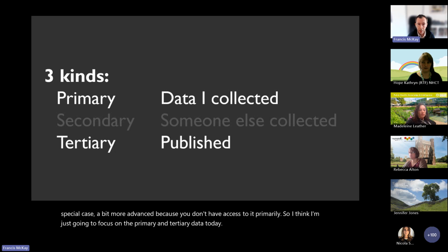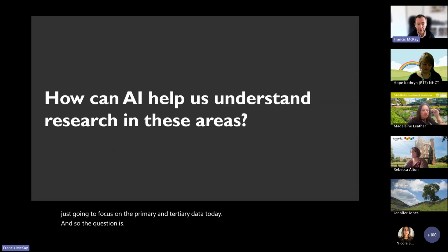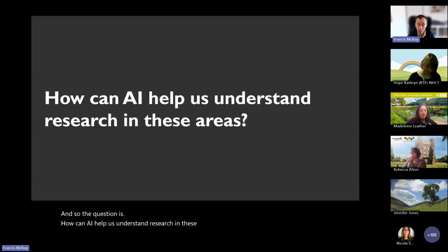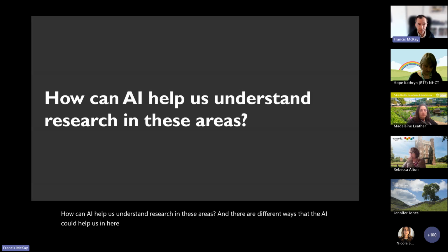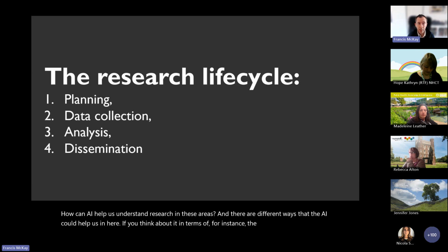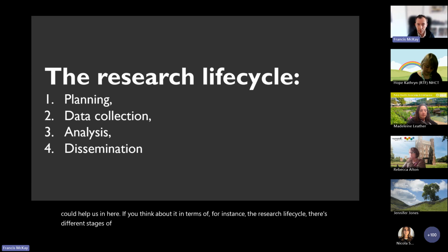And so the question is, how can AI help us understand research in these areas? There are different ways that the AI could help us. If you think about it in terms of, for instance, the research life cycle, there are different stages, and the research life cycle itself is a bit complex and messy. It's not necessarily a staged process.